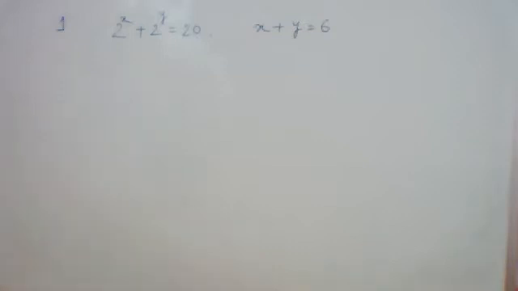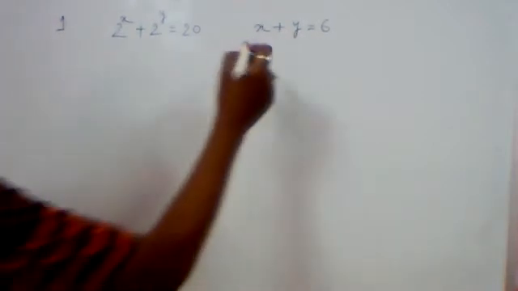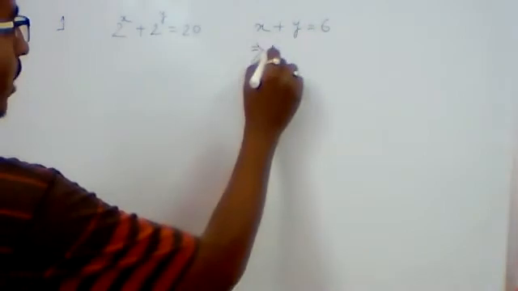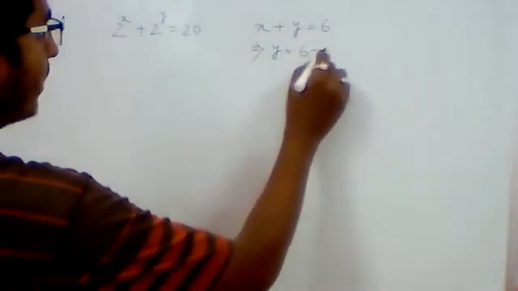So this is called simultaneous equations because there are two variables and they will possess solutions simultaneously, but it is a non-linear equation because x and y are not occurring linearly. Now how to solve? First of all, from the second equation we can write y is equal to 6 minus x.